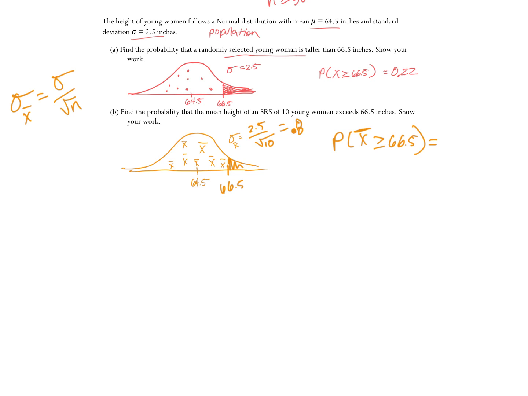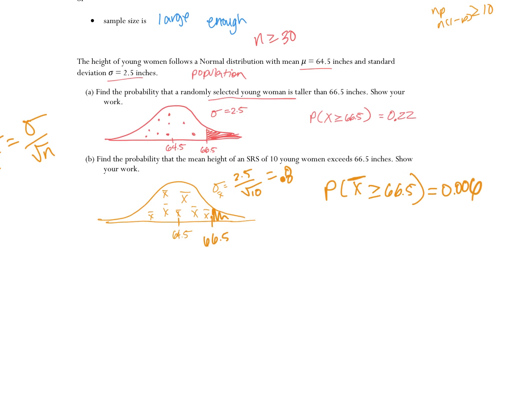You can. I assumed that 0.8 was a rounded number. 0.006. It's going to be really, really tiny. Is this okay? Is this making sort of sense?